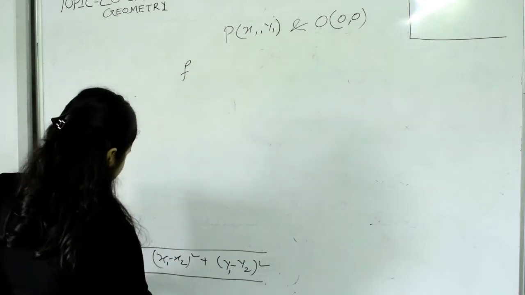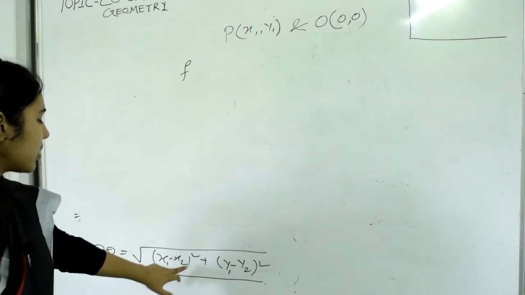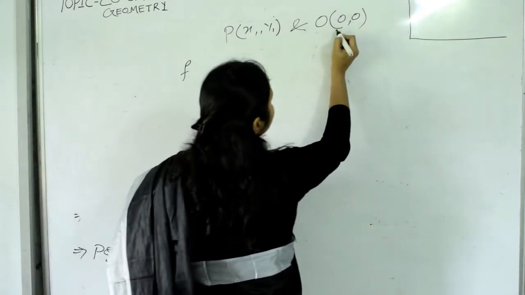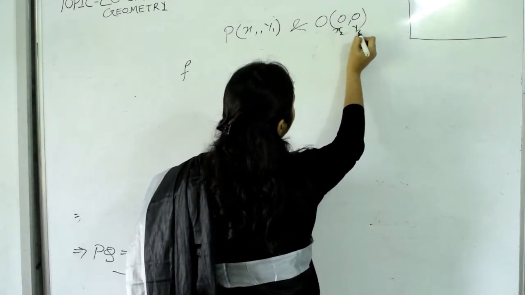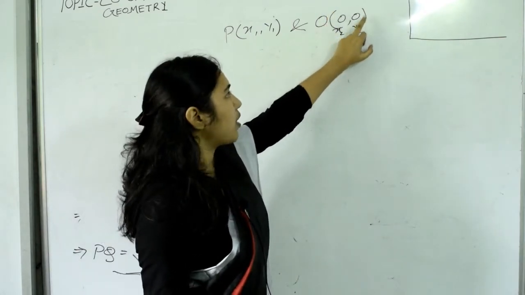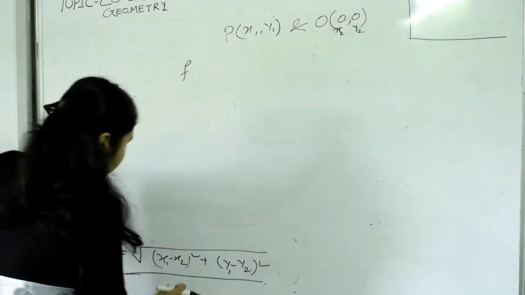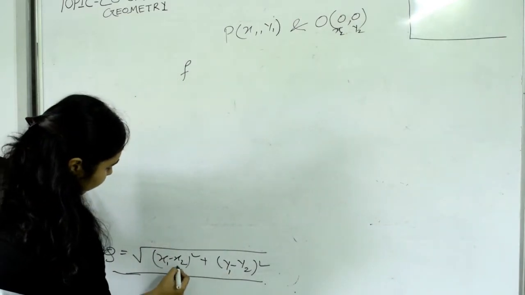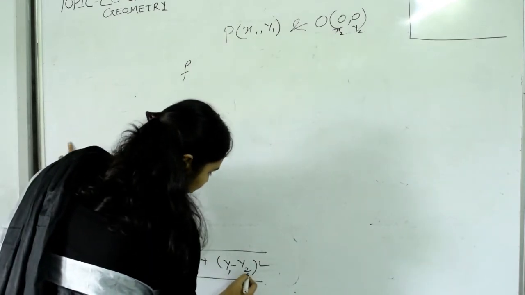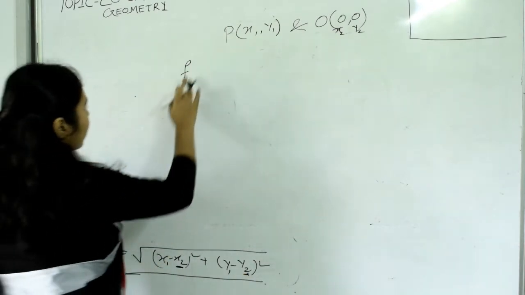So our distance formula is root of (x1 minus x2) square plus (y1 minus y2) square. Here this is x2 and y2. Here the value of x2 is 0 and the value of y2 is also 0. So put in this formula, put 0 in place of x2 and 0 in place of y2.